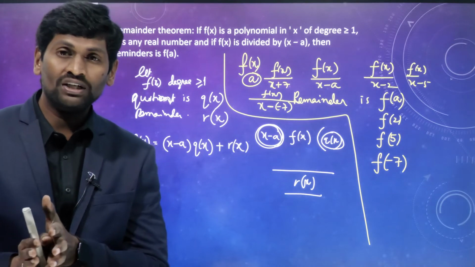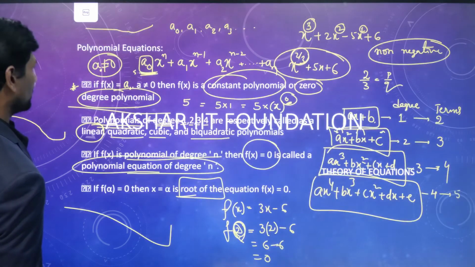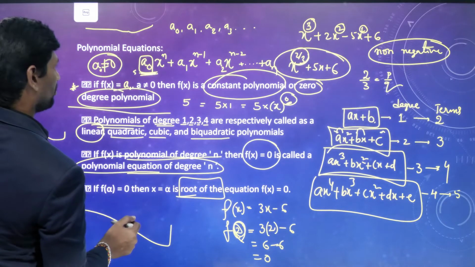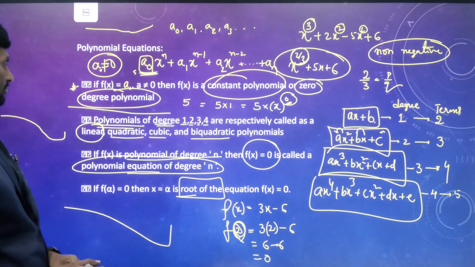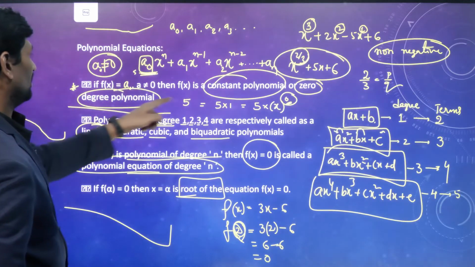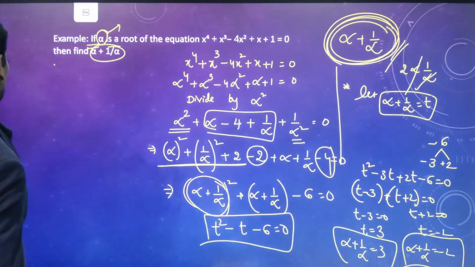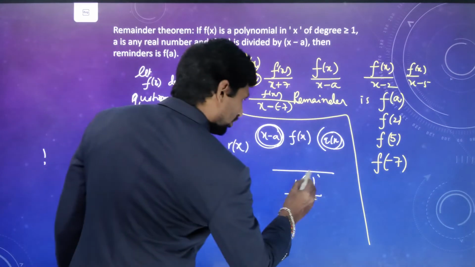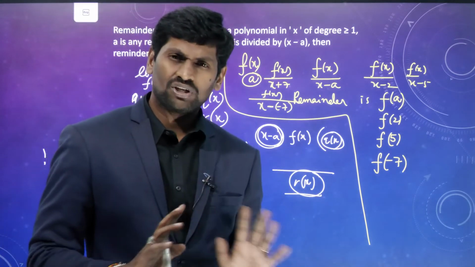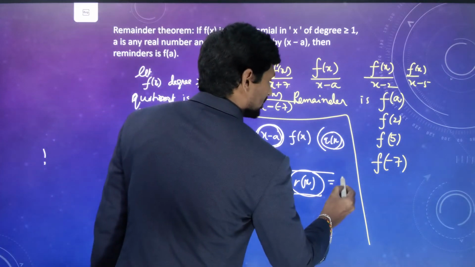A degree 0 polynomial is called a constant polynomial. So this can be any one number, 0, 1, 2, 3, 4, 5, and we say the number is r.